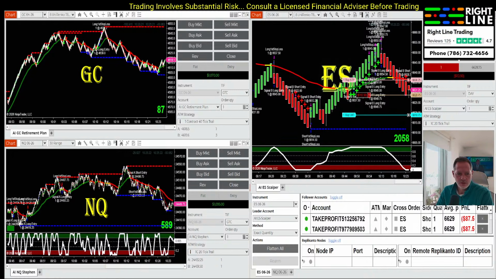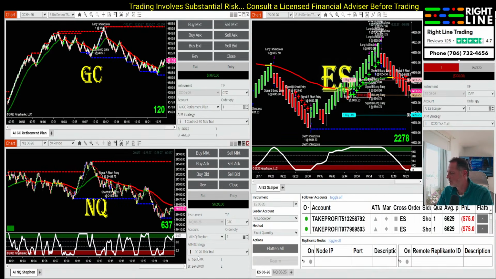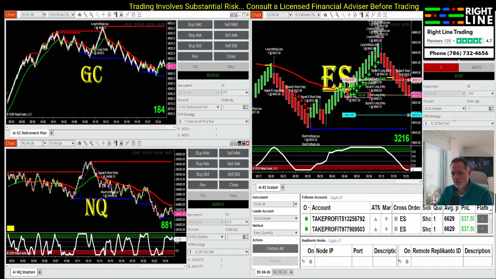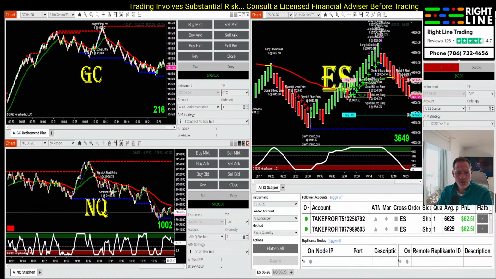Okay, we got a short trade here. We'll see what happens. Signal B came in. This is the short trade signal. NQ just passed through 24,450.